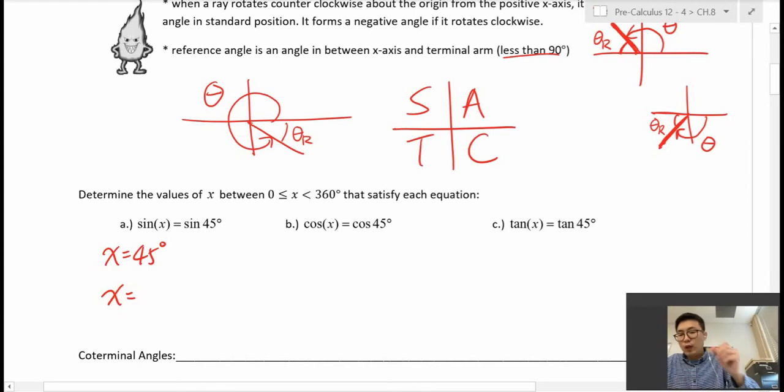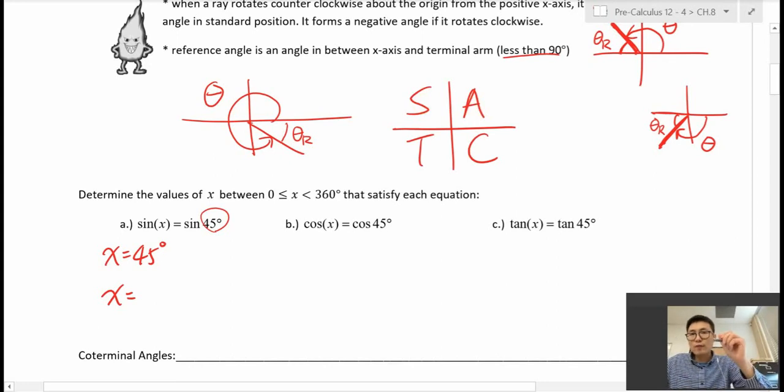Because we can look for the reference angle. This 45 degrees is in quadrant 1, in which case all the ratios are positive. Now, sine in the second quadrant is also positive.